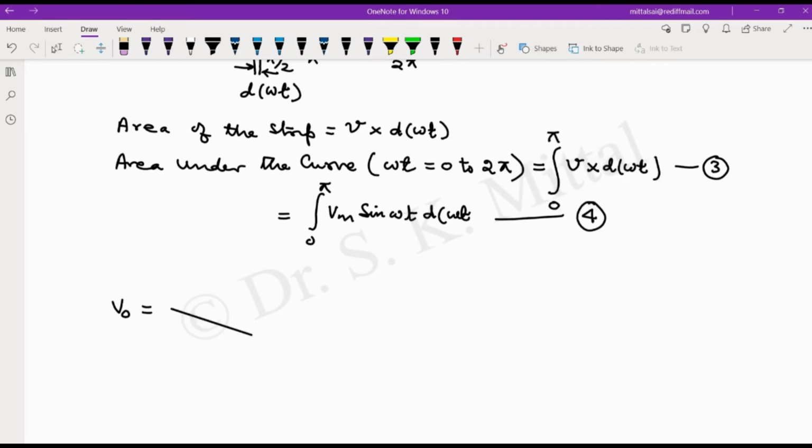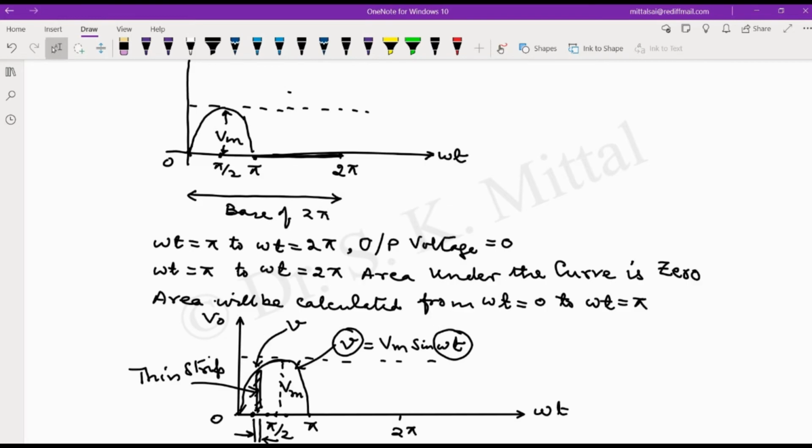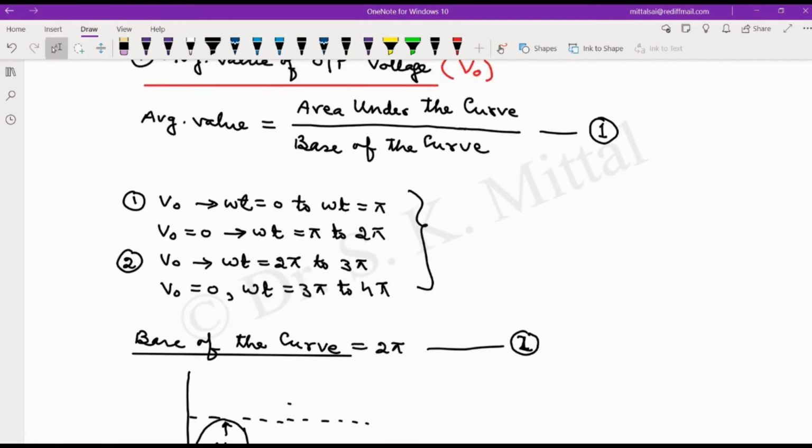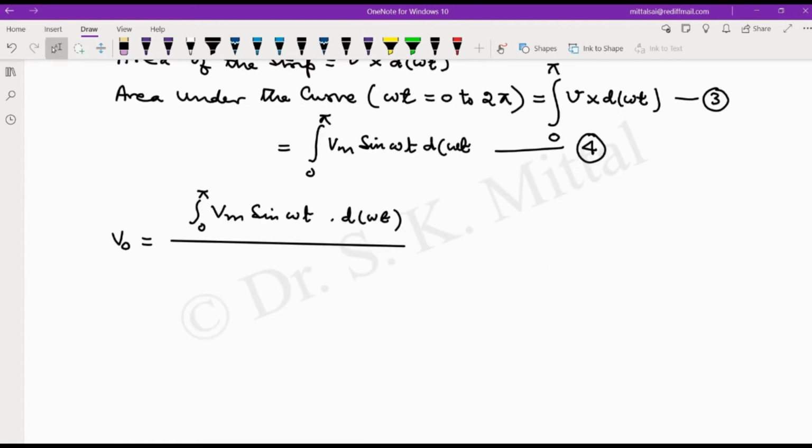So the area under the curve we have represented by equation number 4, which is the integral from 0 to pi of Vm sin omega t into d omega t. And in equation number 2, we have defined the base of the curve, and the base of the curve is 2 pi.